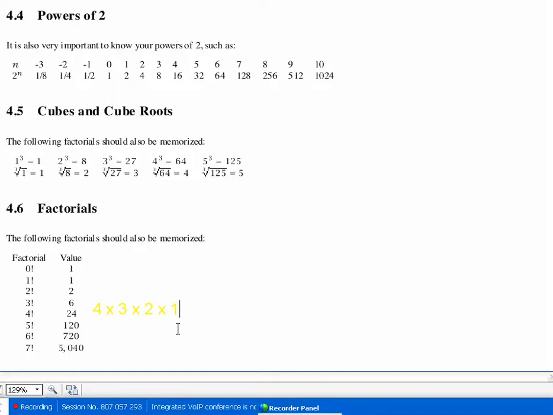Let me know in the chat if that's not visible to you, other than the fact that I've done it in yellow, which obviously is not the most visible color. 6 factorial, which equals 720, is 6 times 5 times 4 times 3 times 2 times 1. All these numbers, if it's a number and then an exclamation point, just means that number times each of the other integers descending down to 1.